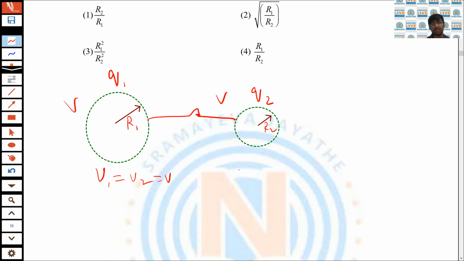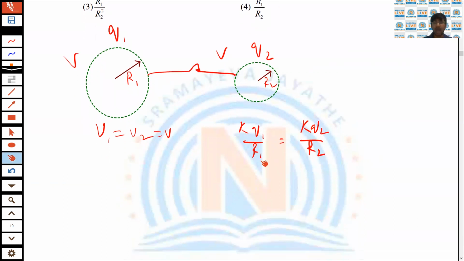So what we can write is k q1 by r1, which is the potential of the first sphere, is equal to k q2 by r2, which is the potential of the second sphere. Now we can divide and multiply this by r1 and r1, and this by r2 and r2, and we can divide this by 4 pi and 4 pi.